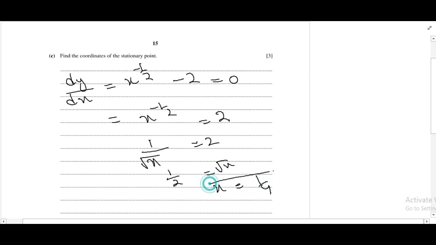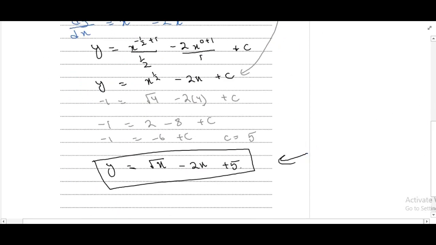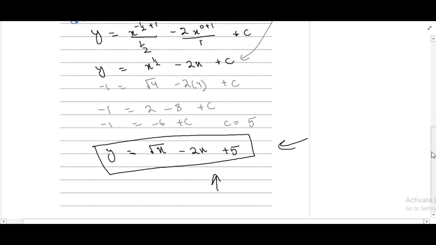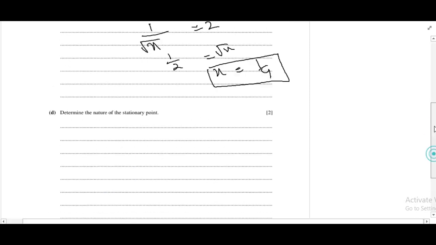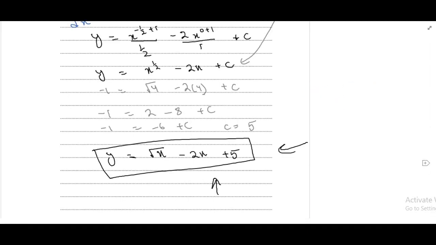Now we are going to plug this value back into the equation we found. Remember, we have to plug into the curve equation, not the derivative equation. Why? Because if you plug into the derivative equation, it would give dy/dx as 0, not y equal to 0. So coming back to the point, y is equal to square root of x minus 2x plus 5.